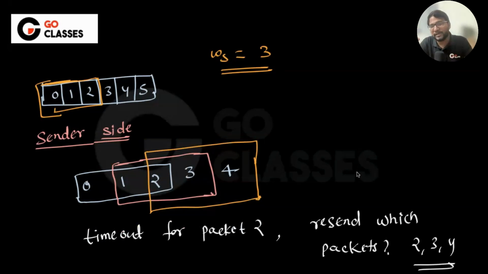But at this moment, let's suppose that you don't get any acknowledgement and the timeout expires. I mean, the timer for packet number 2 expires. Then you will resend 2, 3, 4. So after this, you have already sent 0, 1, 2, 3, 4, and then you are going to resend 2, 3, 4.